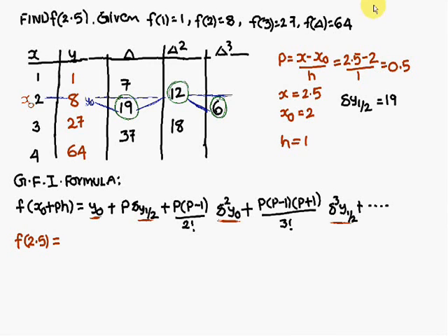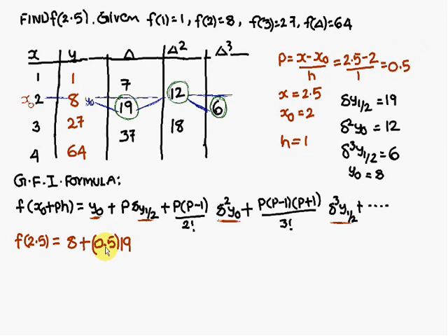So here we have delta y 1 by 2 is 19. Similarly, delta square y naught is 12 and delta cube y 1 by 2 is 6. And y naught is 8. Next, if you substitute in this one, in place of y naught I have substituted here. In place of p I have substituted 0.5 and delta y 1 by 2 is 19.